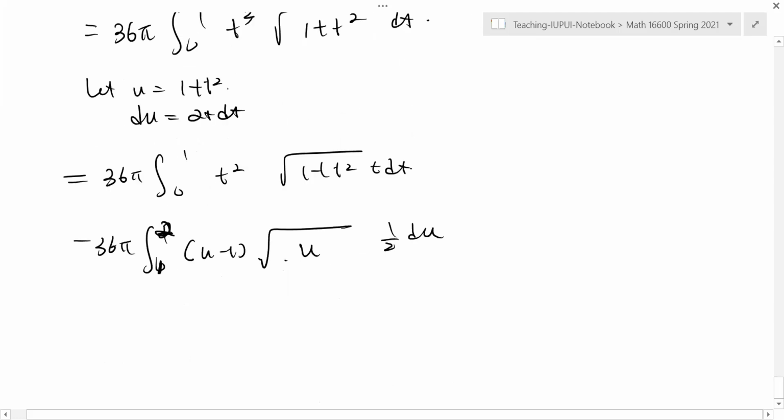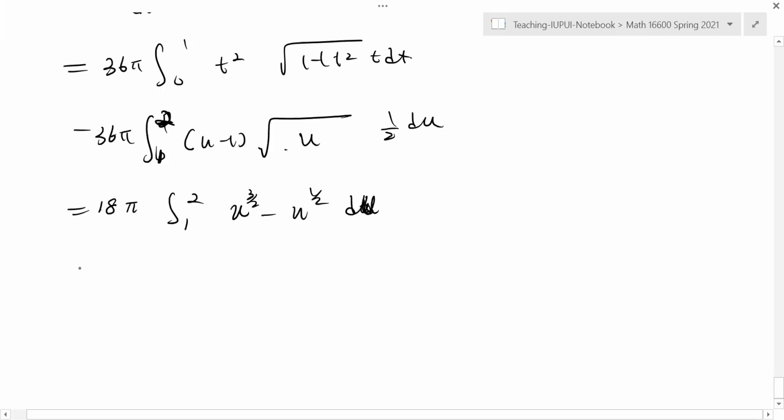All right, so then I think we can evaluate this integral. 36 divided by 2 is going to be 18. And that's u minus 1 times u to the 1/2. So if we express it this way, as the sum of two power functions, then you can find the antiderivative quickly. Okay, that'll be 2 over 5 u to the 5 over 2, and that'll be 2 over 3 u to the 3 over 2.